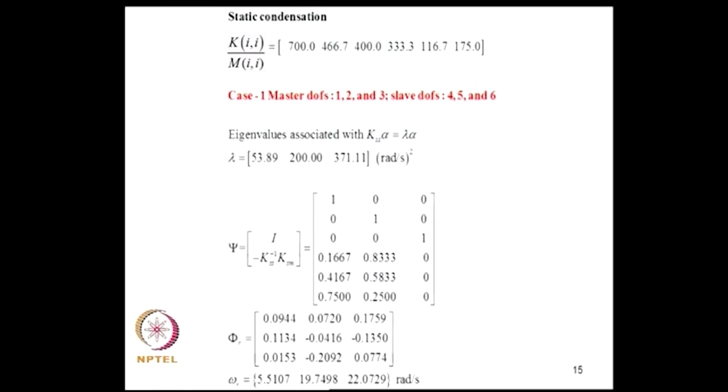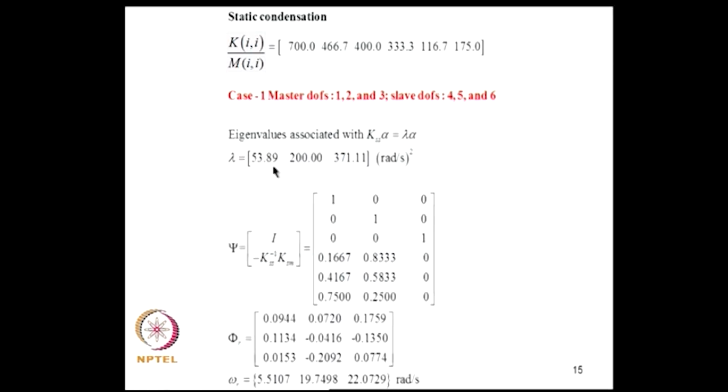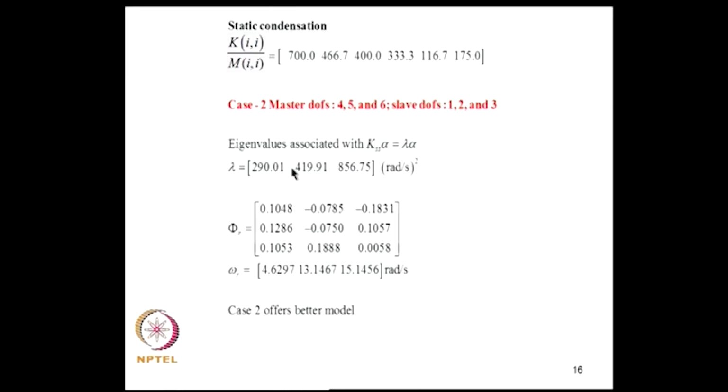Now the point I was making was, the lowest eigenvalue here is 53.89, the lowest eigenvalue here is 290. So between the 2 models, the one which has higher lowest eigenvalue is the second model, because this 290 is much larger than 53. So we could expect that this will perform better, and in static condensation the reduced model should typically represent the behavior of the system in low frequencies well.